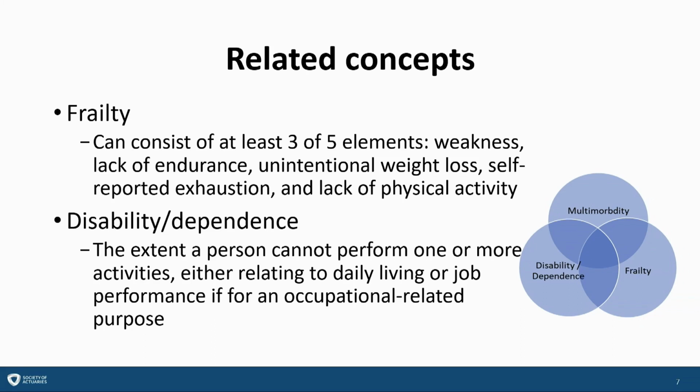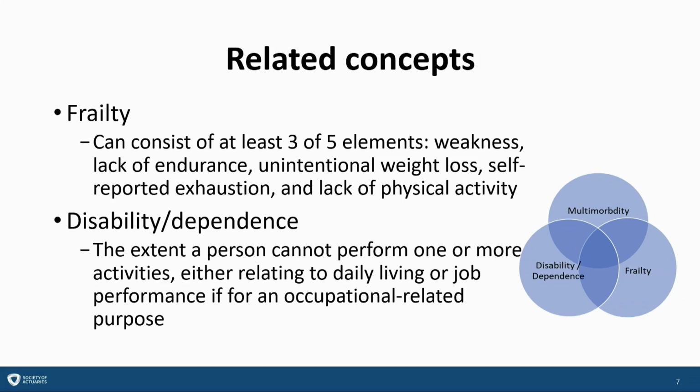In other words, I can't make it up these stairs, and a lack of physical activities. I can't really get out of bed at all. The definition of frailty is 3 of those 5 conditions. There's also, just like other things, a pre-frailty. That's 1 or 2 conditions.